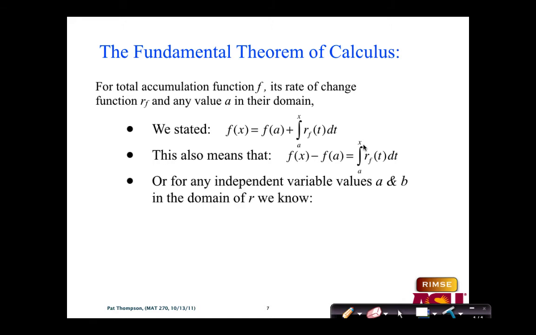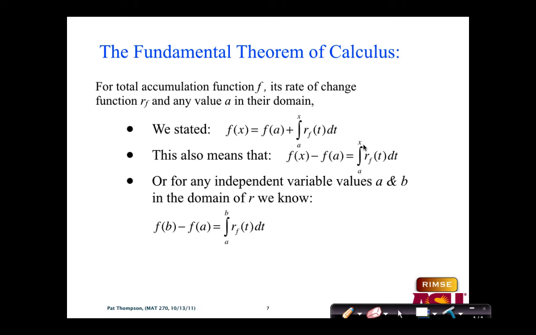So I could use numbers in both of those spots, and typically when we're talking about numbers, we're not going to use x. So instead of a through x, if I call it a through b, that sounds more like a and b are kind of equivalent. They're both specific individual parameters indicating a single value. So this is how much change is generated between independent values of a and b, like y final minus y initial, using this integral notation.